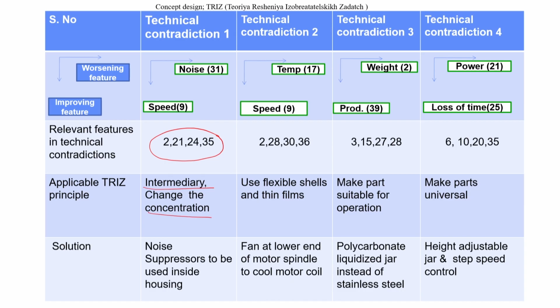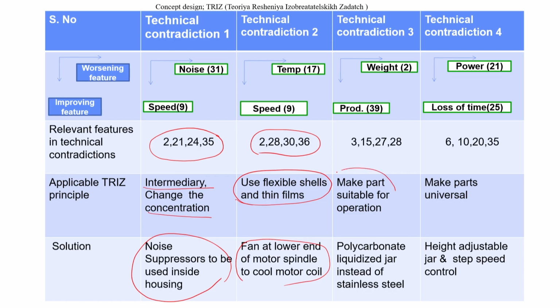So, from that they thought of using noise suppressors inside the housing as one of the solutions. Speed versus temperature has 2, 28, 30, 36, and one of the principles they figured out is to use flexible shells and thin films. So, they came up with a solution like a fan at the lower end of the motor spindle to cool the motor coil. Then the other contradiction, weight versus productivity, make parts suitable for operation from these things.